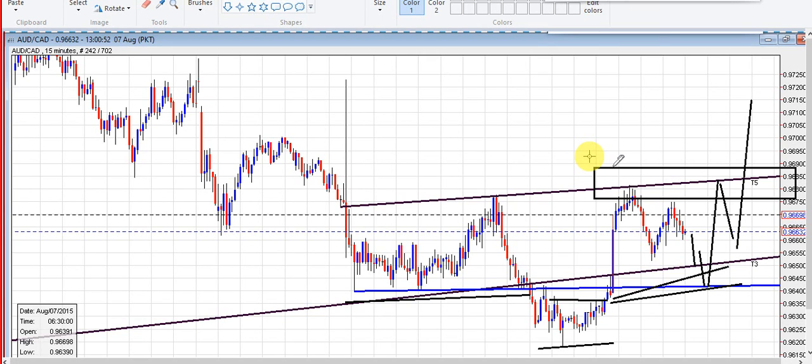So if I have to do a hierarchy, or subdivide based on higher probability, then patterns number one, breakouts number two, then the formation of candles, and last is channels.